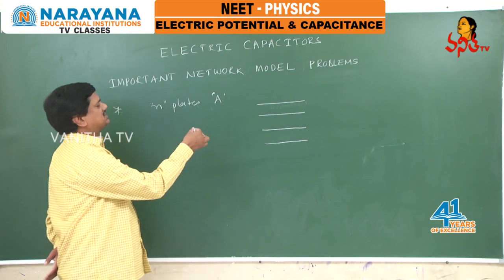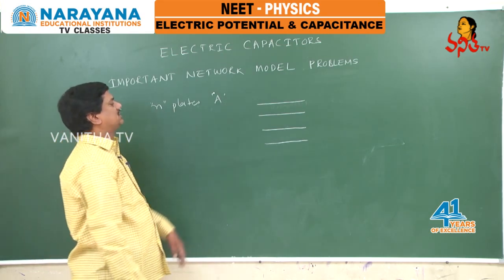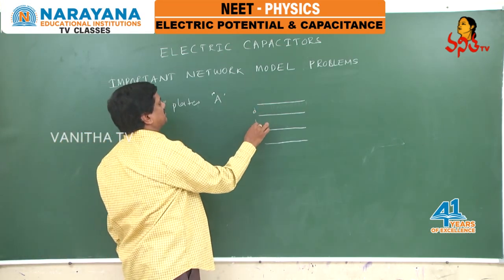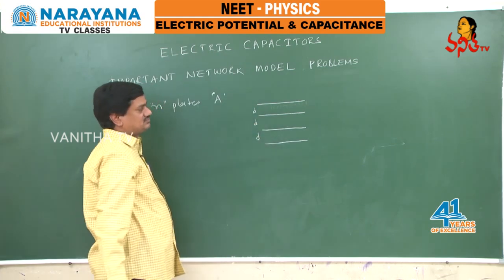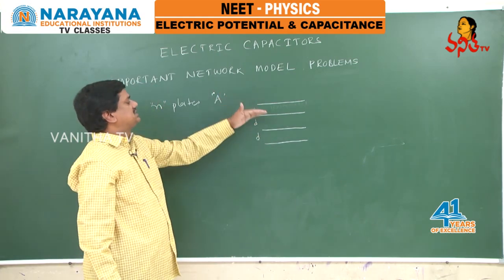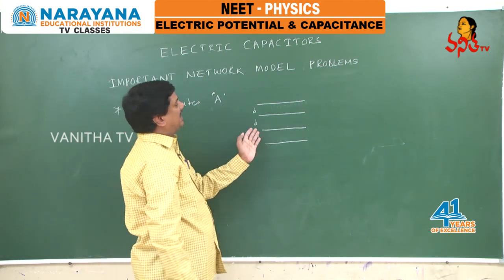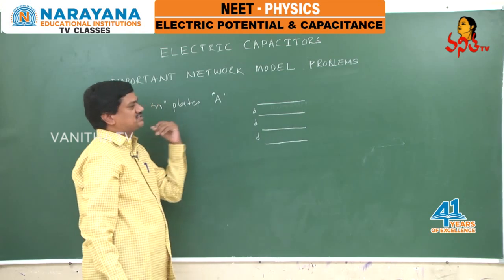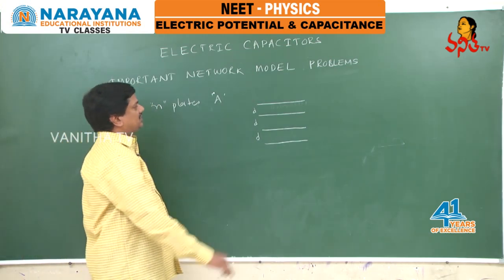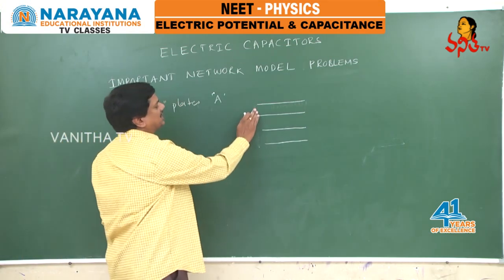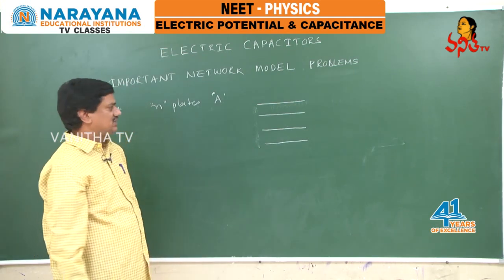Let the separation between them be D. How many capacitances are possible and what is the maximum possible capacitance with this?